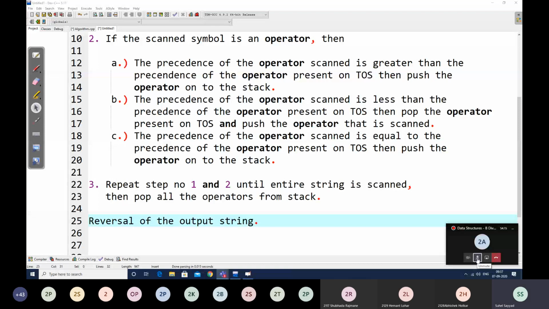Am I audible, students? Yes, sir. I got an emergency call, so I had to pick that call. Okay. So where were we?